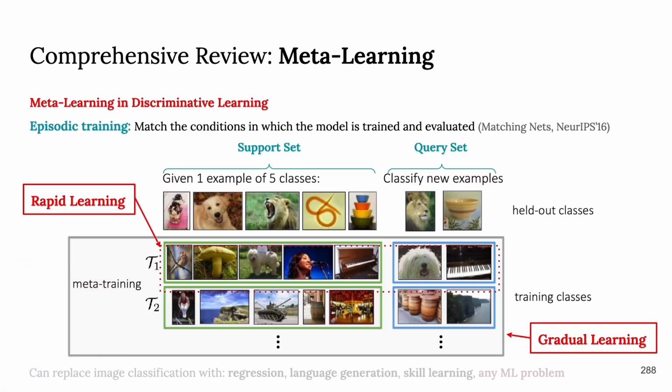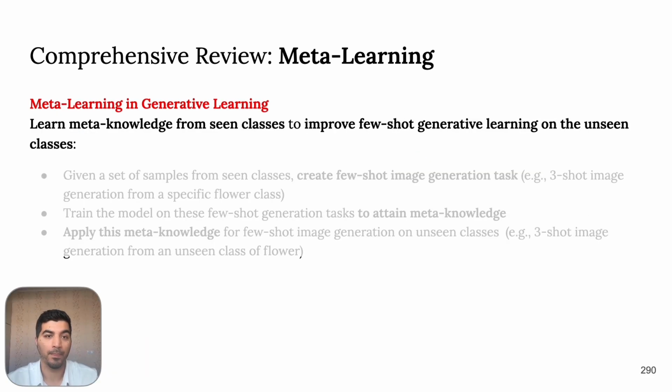This idea at the beginning was proposed for image classification, but it can be replaced with other tasks like regression, language generation, skill learning, or any machine learning problem. And in the literature, they use the same setup for image generation.